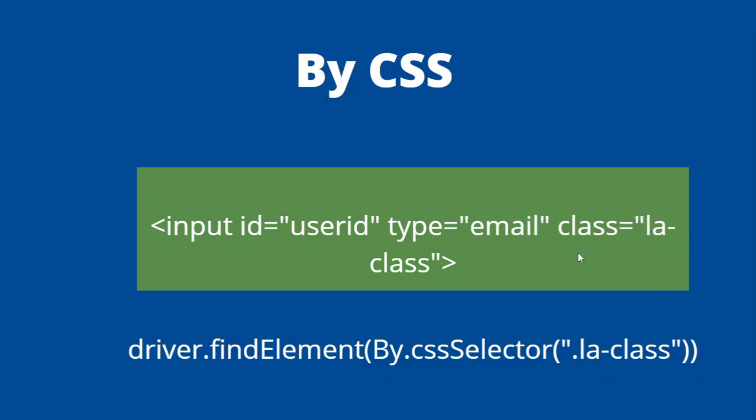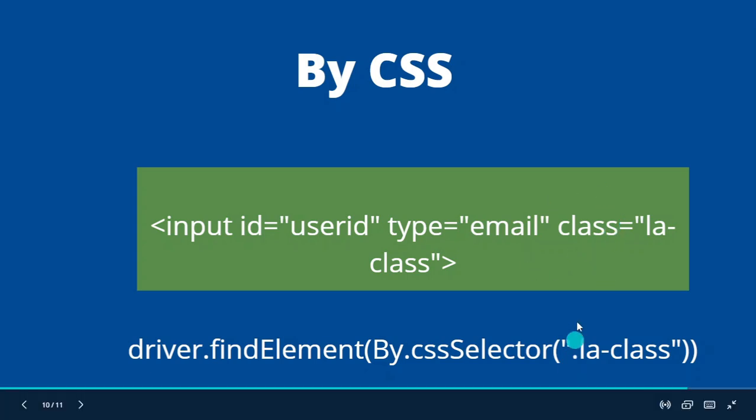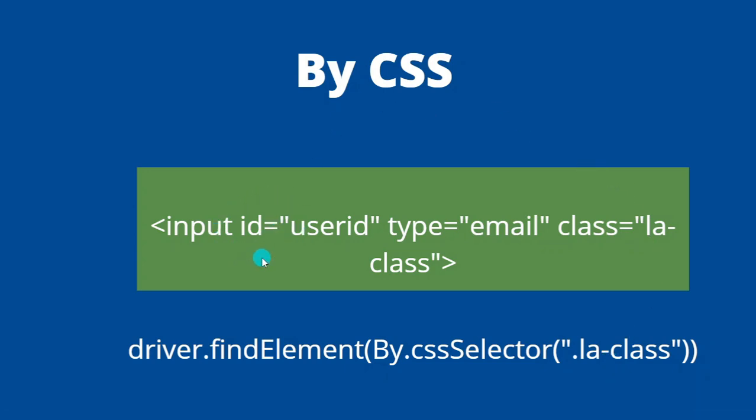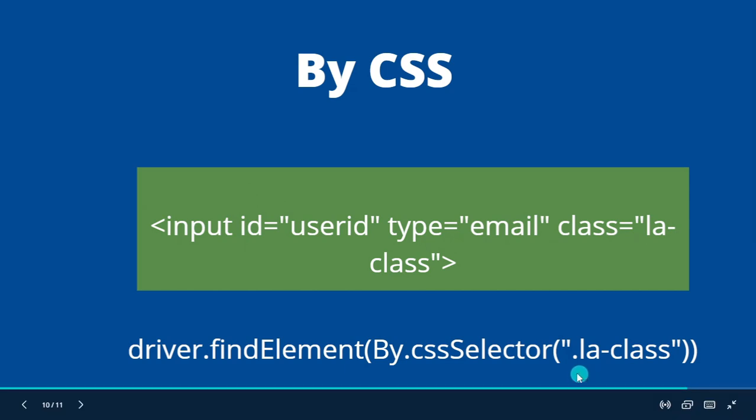When you are using class as your CSS selector, you will be giving a dot followed by the class name. Instead, let's say if you want to use the ID as the CSS selector, you have to give it as a hash instead of a dot here, followed by the ID value, which is userID. That is all about CSS selector.